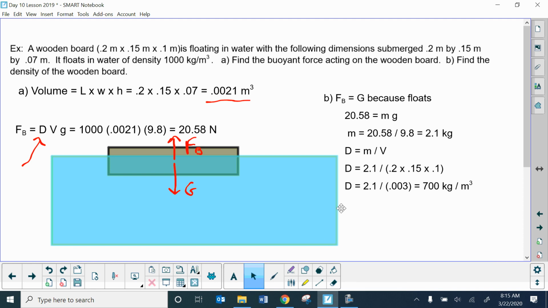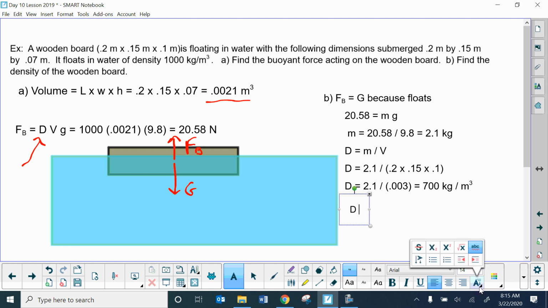If we compare this density of the wood to the density of water, H2O, the density of water we said was 1,000 kilograms per meter cubed.